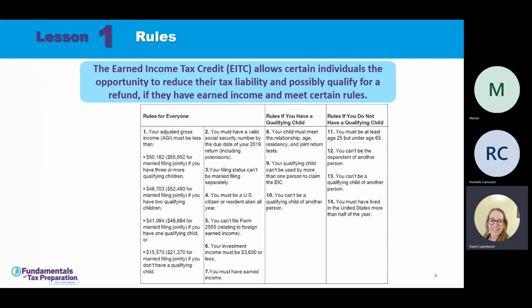And there's a misconception out there with a lot of taxpayers that really came to fruition last year with all of the child tax credit money and the advanced child tax credit payments. People were under the impression they could only claim 3 of their children because earned income credit was based on 3 children maximum.